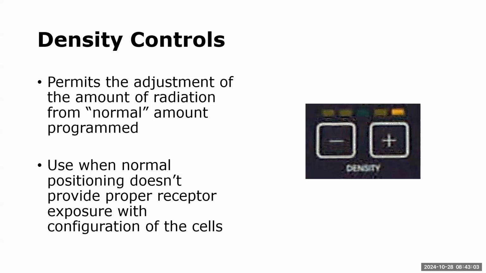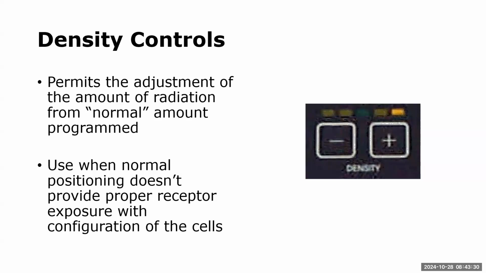So the only way, and this is a statement that you need to write down, and we're going to say it again in lab, the only way to intentionally, all right, that's the key word, the only way to intentionally change receptor exposure when using the AEC is through the density setting. Okay?